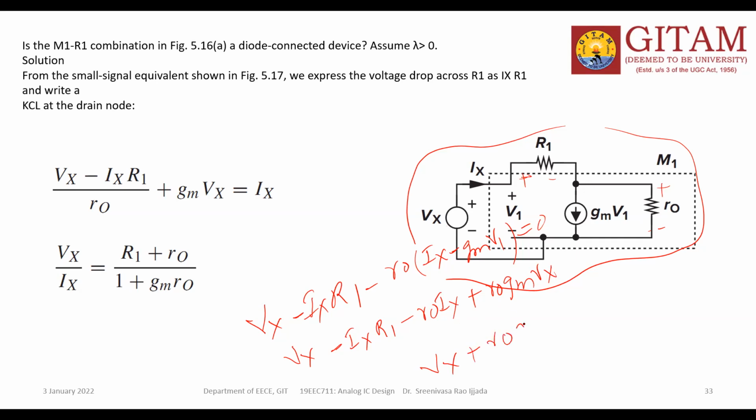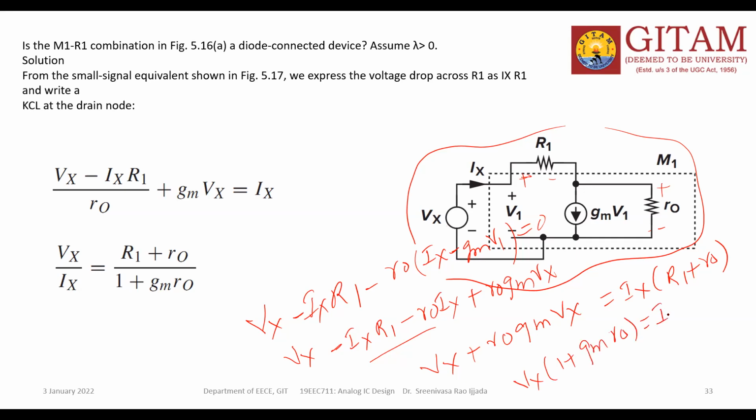Write these two terms. Take Ix common: Ix into R1 plus, what? R0. Yes, correct, R0. Taking Vx common, 1 plus GM into R0.